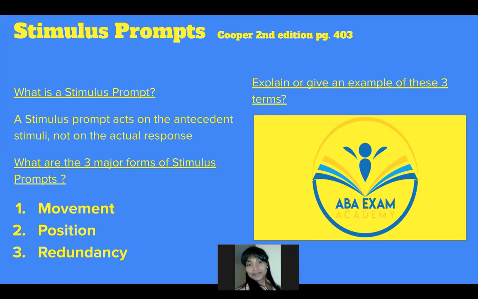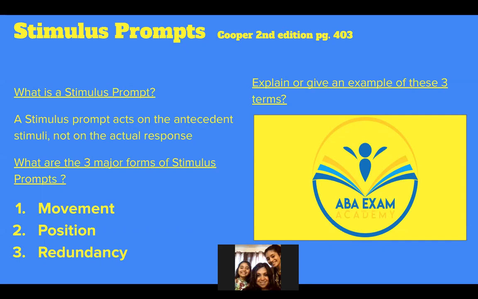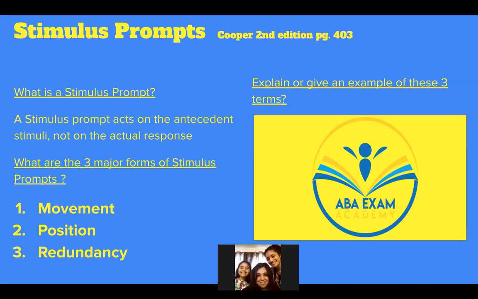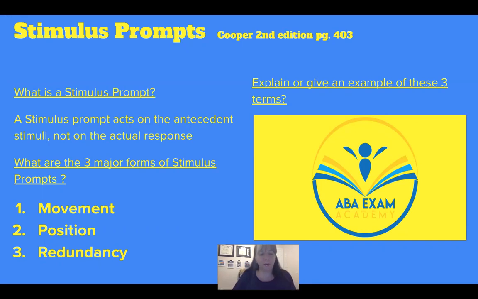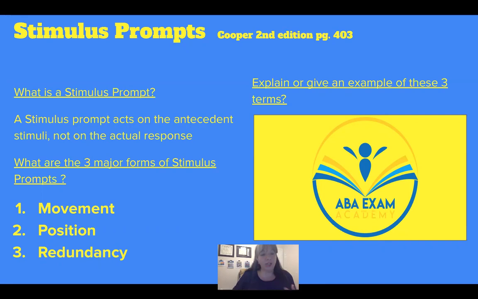To bring more attention to it. So if you show three cards and you move the actual card closer, that's movement. I think I've also heard of pointing, but it's like a subtle point. It's not tapping or anything like that. It's just kind of putting your finger on top of it. And then positional is putting it in a position that calls their attention more.